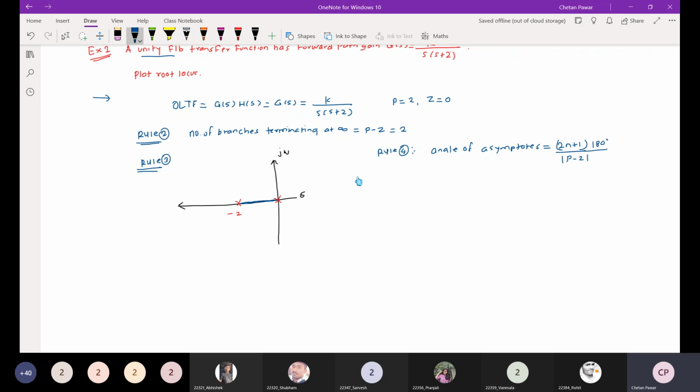Here n varies from 0 to 1. So theta 1, where n is 0, will be 180 by 2, that is 90 degrees, and theta 2 will be 270 degrees.